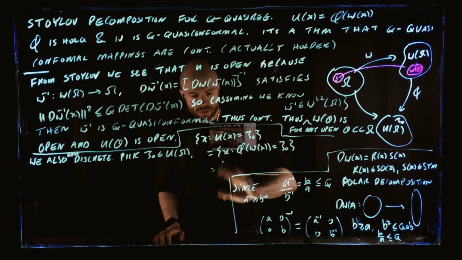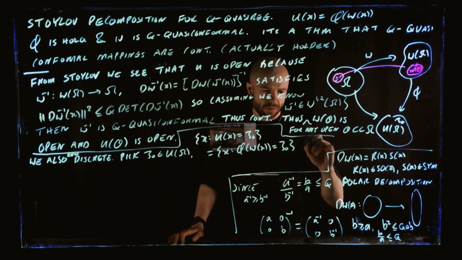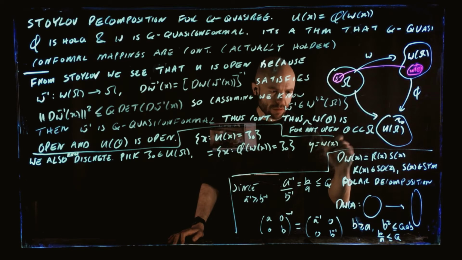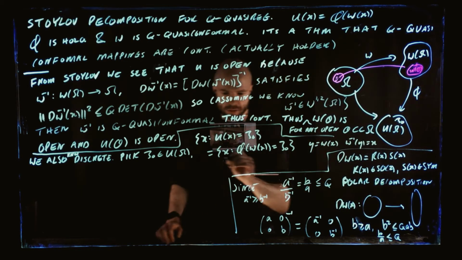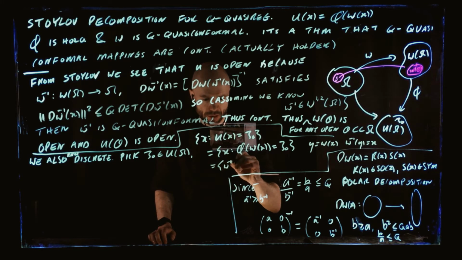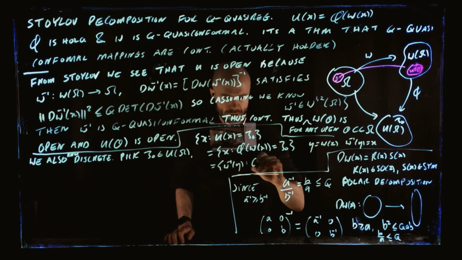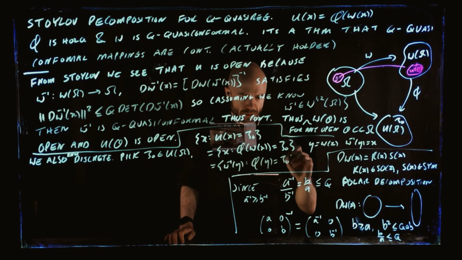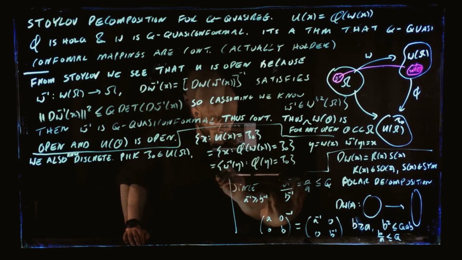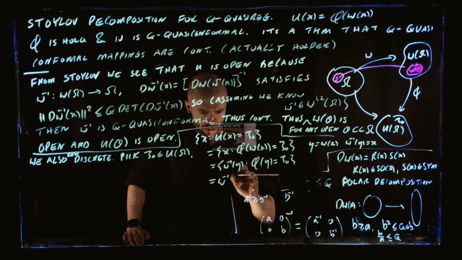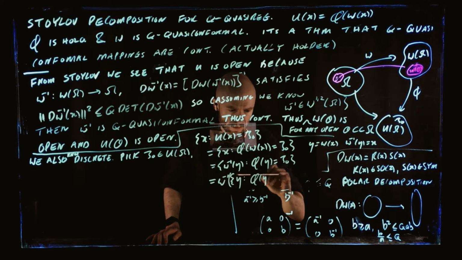So change of variables: if we let y be w of x, then w to the minus 1 of y is equal to x, so it's the same as the set of w to the minus 1 of y such that phi of y is equal to zeta 0. That's the same as w to the minus 1 of the set of y such that phi of y is equal to zeta 0.